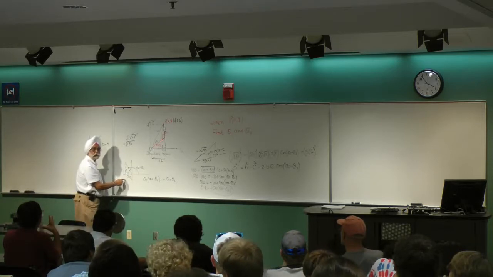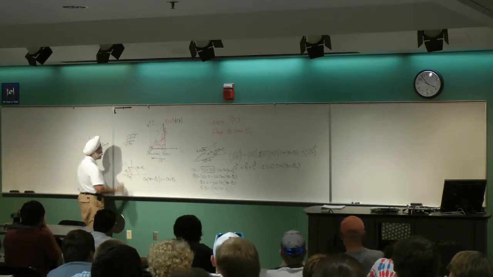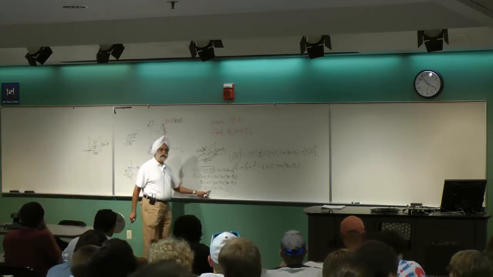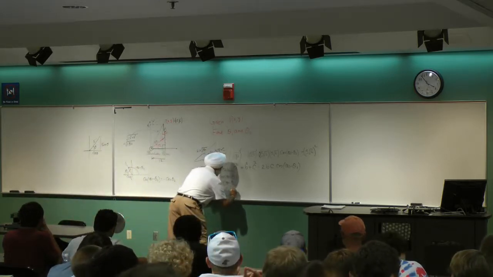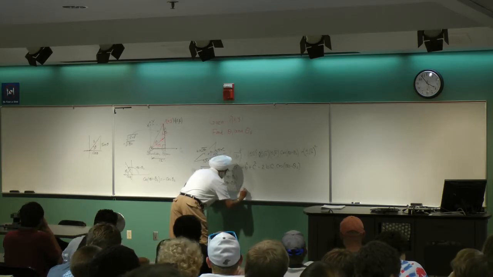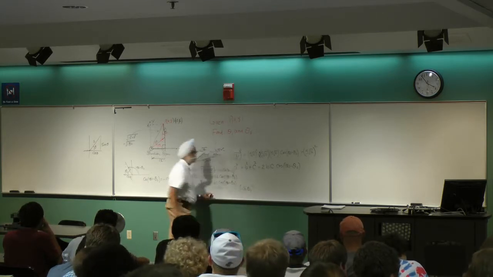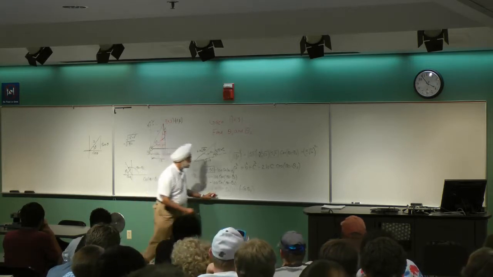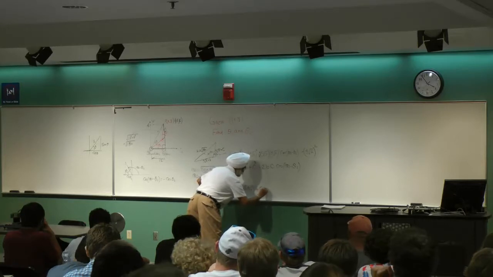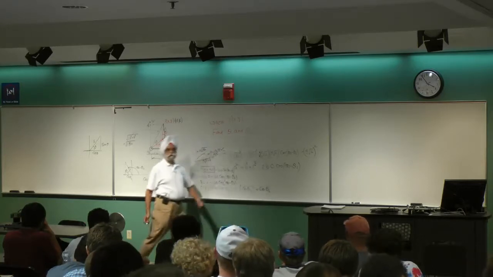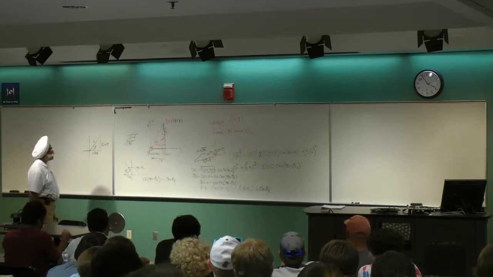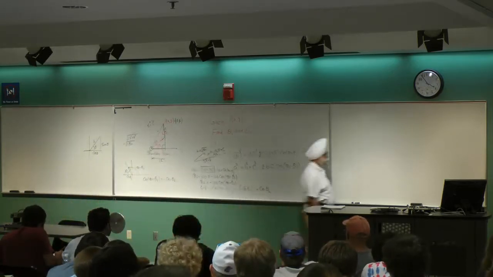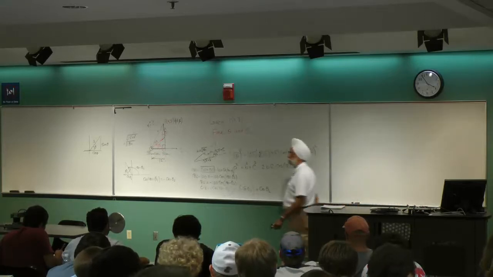If I use that fact here, there is a minus sign already there, so this is minus cosine of theta 2, and the minus signs cancel. So I have cosine of theta 2, and we found that cosine of theta 2 is equal to 0.8.